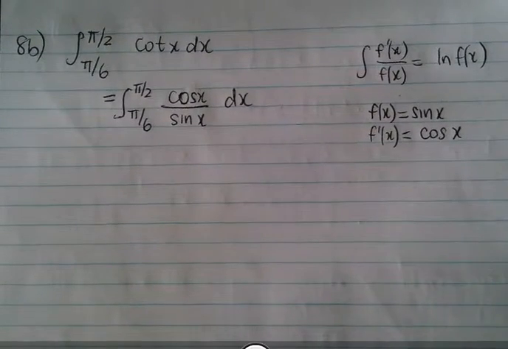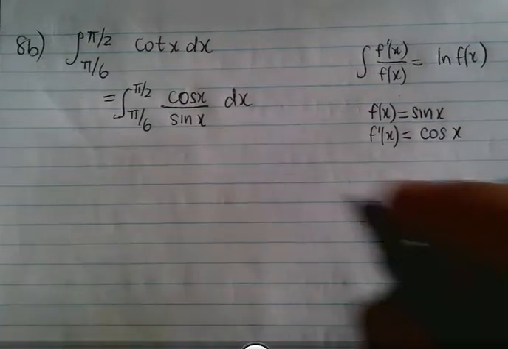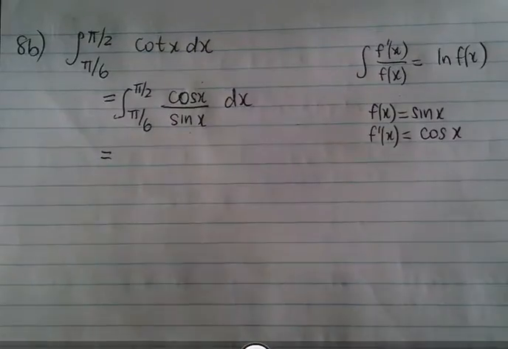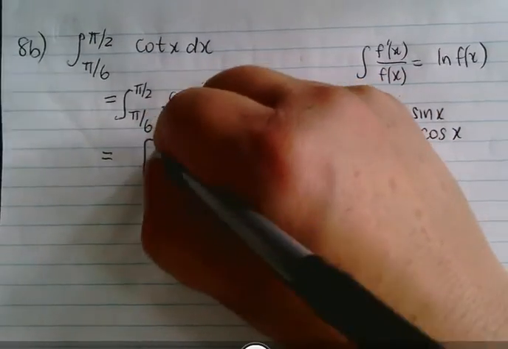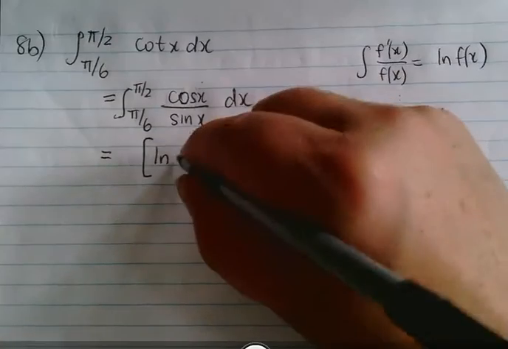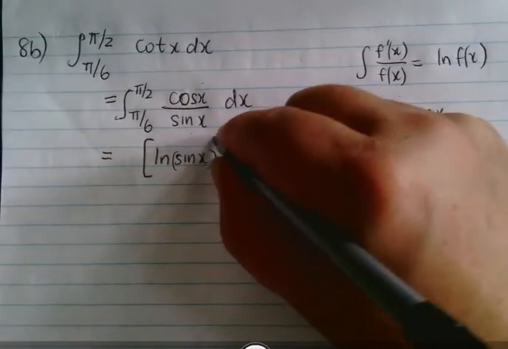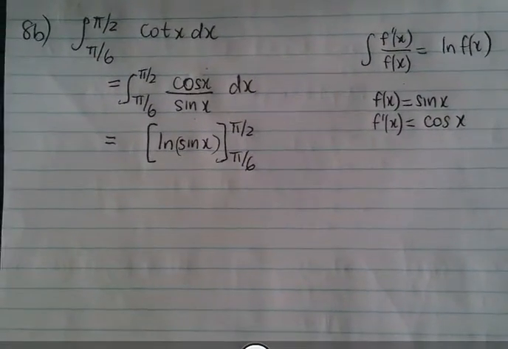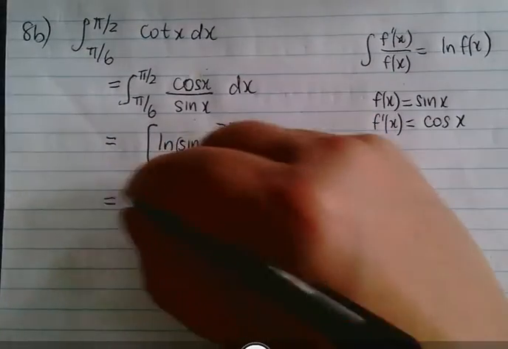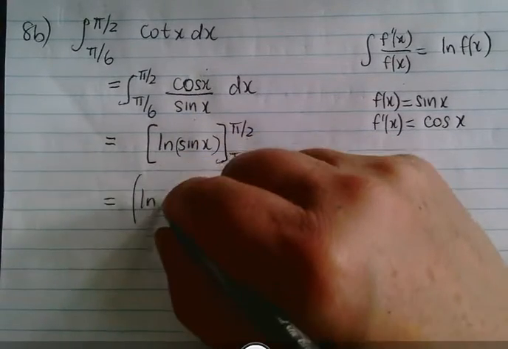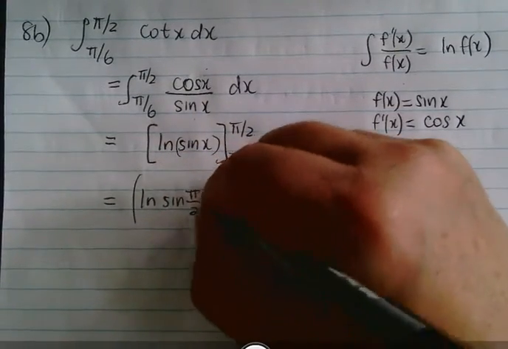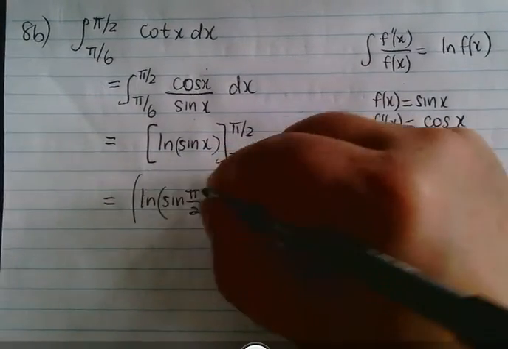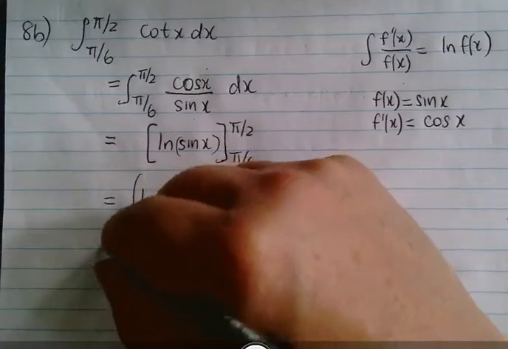There's nothing to adjust. So that, therefore, is in the format of f dash x on f x. What does it equal? The ln of what? Sine of x. And we're substituting values of pi on 2 and pi on 6. So now you can just substitute: ln sine pi on 2 minus ln sine of pi on 6. What's sine of pi on 2?